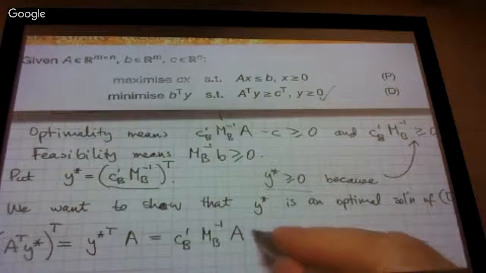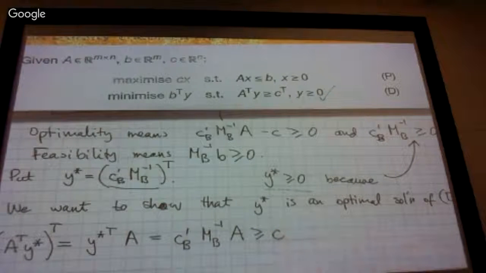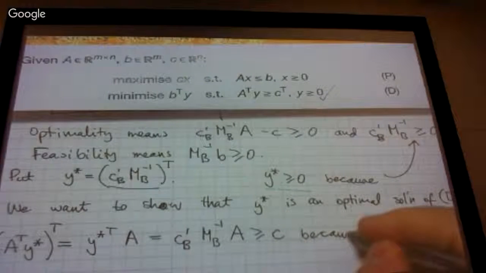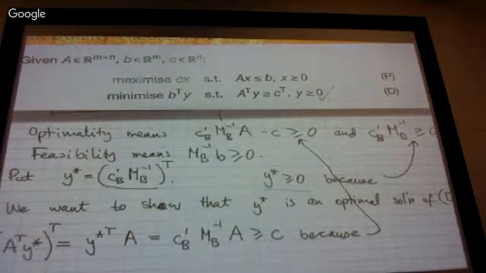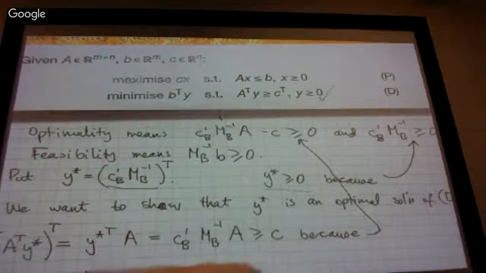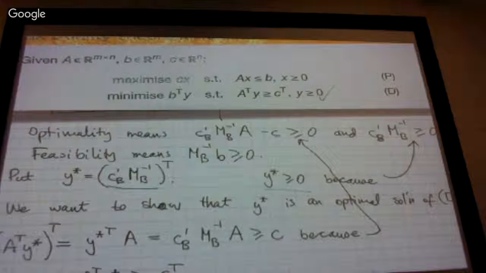And this is greater than or equal to C because we have that. So therefore, A transposed y star, when we transpose what we got, we get what we wanted.